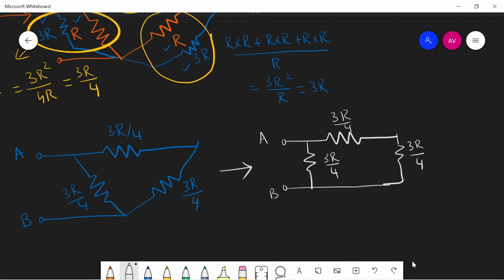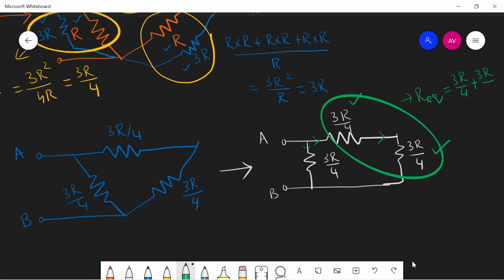Okay, from the figure we can see now these two resistances are in series because there is no current division taking place across these two resistors. You can consider these two are in series. When these two are in series, we can find equivalent resistance as R equivalent equal to 3R by 4 plus 3R by 4, which is equal to 6R by 4, that equal to 3R divided by 2.